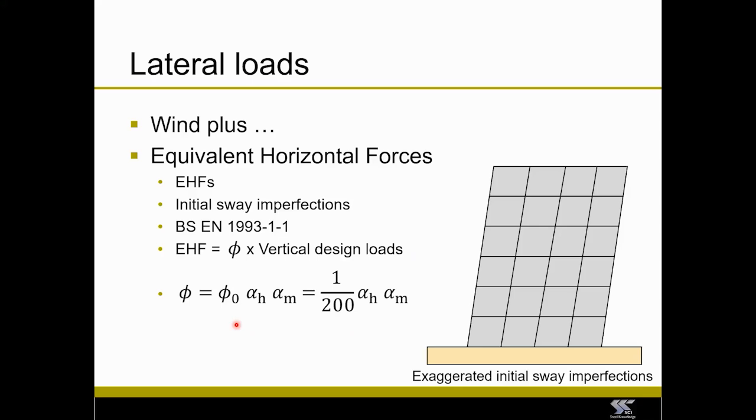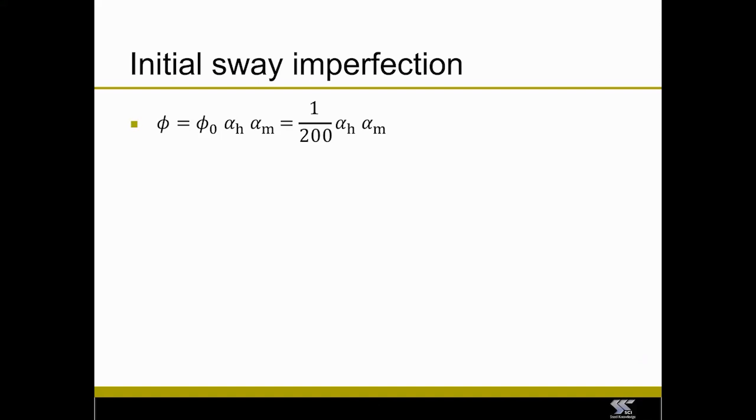So in many cases, the alpha h and the alpha m values are simply taken as 1, and then we have a 0.5% or 1/200 taken as the equivalent horizontal force factor. That doesn't necessarily need to be done, and particularly for light steel frames, it's probably quite a conservative approach to just take the 1/200 and the other factors as 1.